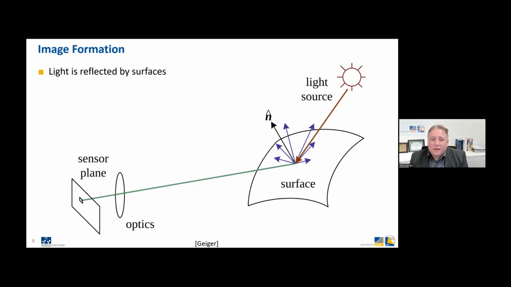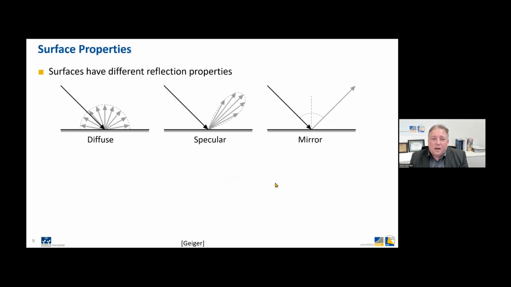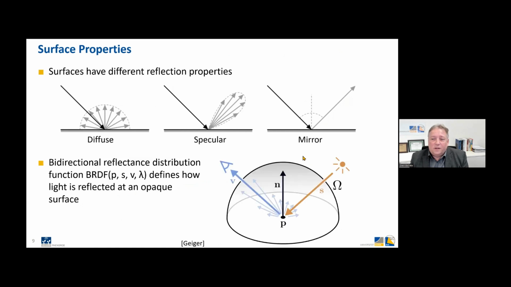Of course, image formation is somewhat more complex than just a Lambertian surface. Surfaces can have different reflectance properties. We may have a diffuse reflection, we may have a specular reflection, we may have even a mirror, and we can describe the complex reflection properties of a surface with a so-called bidirectional reflectance function.